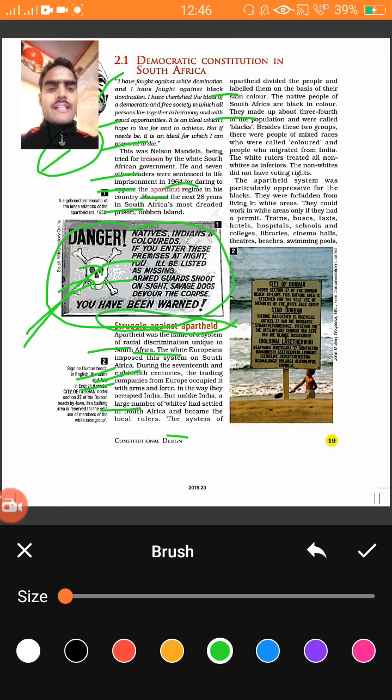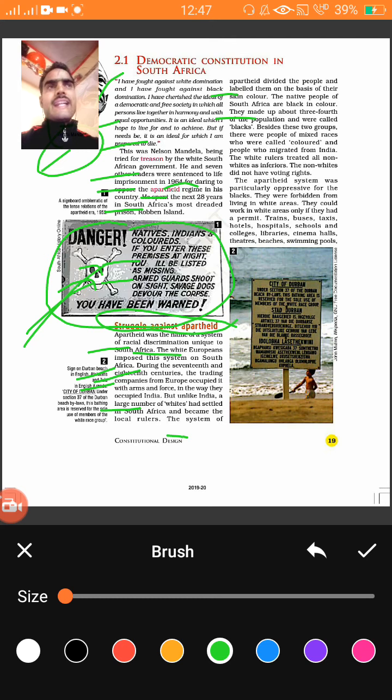Okay, colored people. Okay, then the white rulers treated all non-whites as inferiors. बहुत छोटे लोग. These non-whites did not have voting rights. Even non-whites, no single voting right.